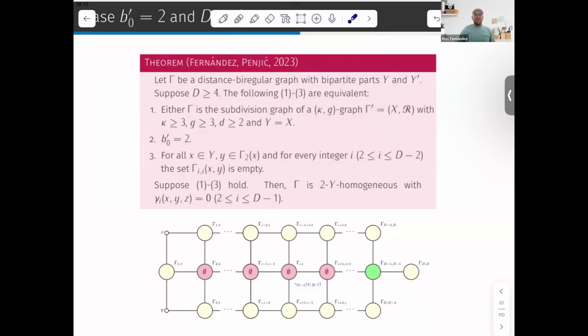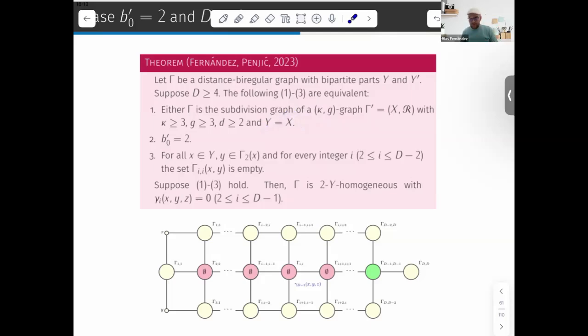And in the case when d is greater or equal than 4, we prove that this is equivalent to the case when all these vertices, all these bubbles here, are empty. And this is, of course, a distance-biregular graph with vertices of valency 2, which are well understood because they were classified by Taylor and Mohar, and these are subdivision graphs of these graphs, and our partition Y is the set of vertices of the original graph.